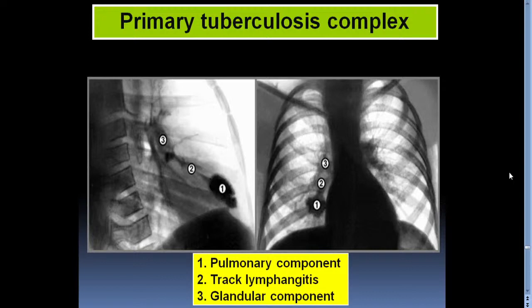On these X-rays, you can see the phase of bipolarity also. All three components we can see: pulmonary component, lymphangitis and lymphadenitis in the root of lung. Infection of lung root.